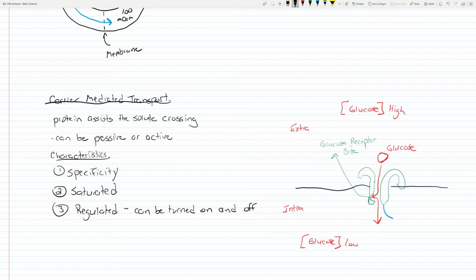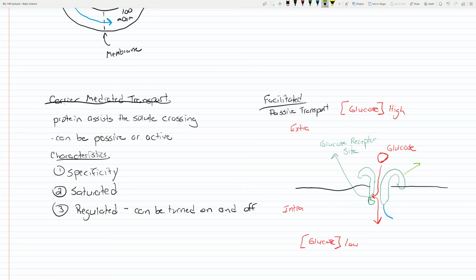So facilitated diffusion, what we're showing here, is a passive process. That's passive transport. The reason that it's facilitated is I have a glucose transporter, and that's what this green thing is.